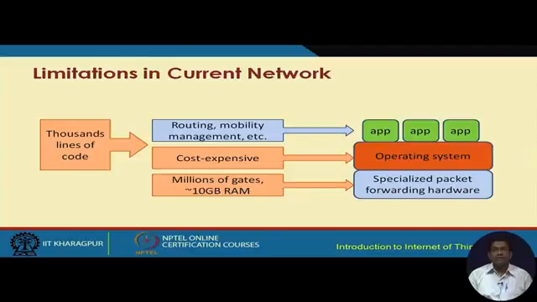Each switch is expensive, and they run different applications, for example, routing, mobility management, etc. When we mention applications here, we are talking about the different application functionalities and not simply the applications that we used to refer to in the OSI model. So, here we are talking about applications in general, like the general network applications such as routing, mobility management, etc.